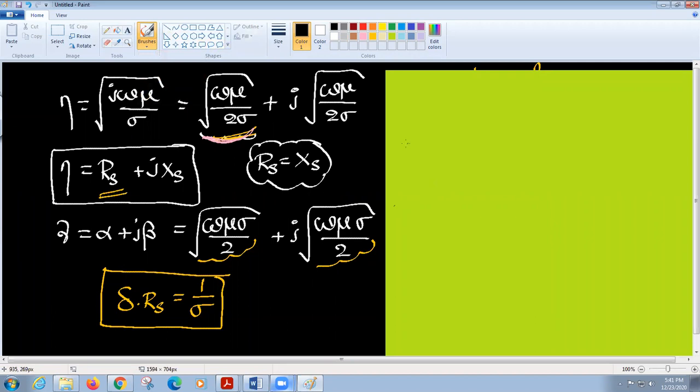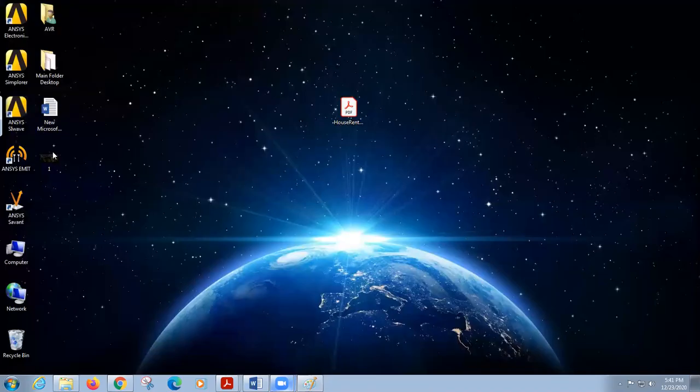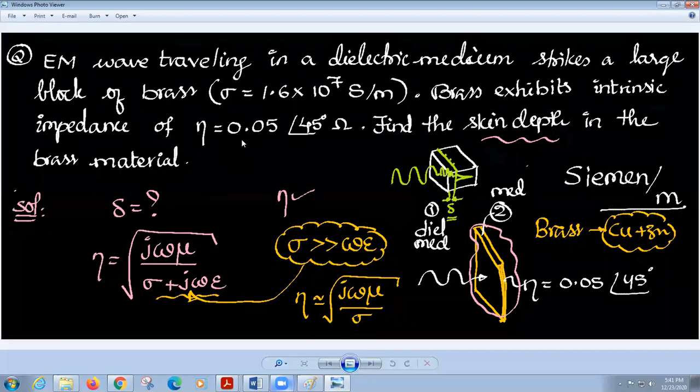So can I say now like this? RS equal to XS is equal to 0.05 divided by square root of 2. I can say this because in the given problem, eta is given as 0.05 at an angle of 45 degrees.